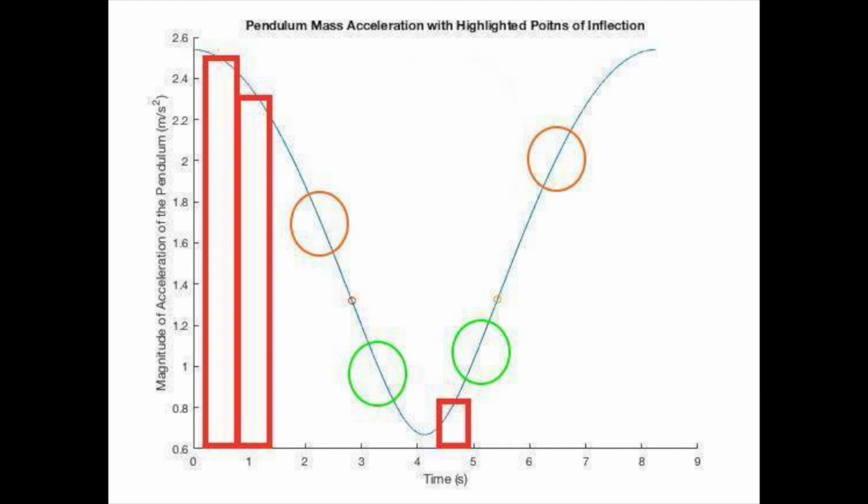Since this is the acceleration, when we calculate the area underneath, what we're calculating is velocity. So we're overestimating the velocity, and as a result, we're overestimating the rate of rotation of our pendulum. So we're actually calculating a period of rotation of our pendulum which is faster than what we would expect in real life.